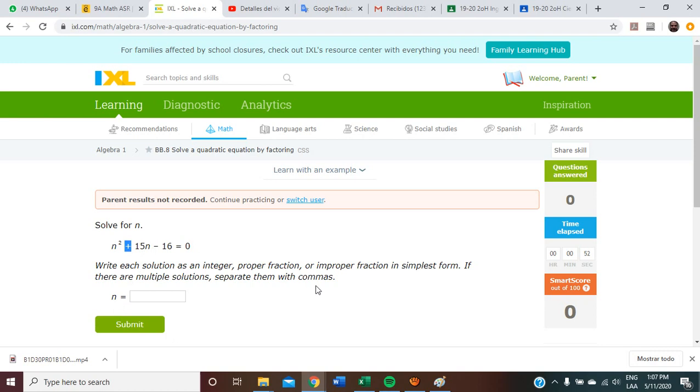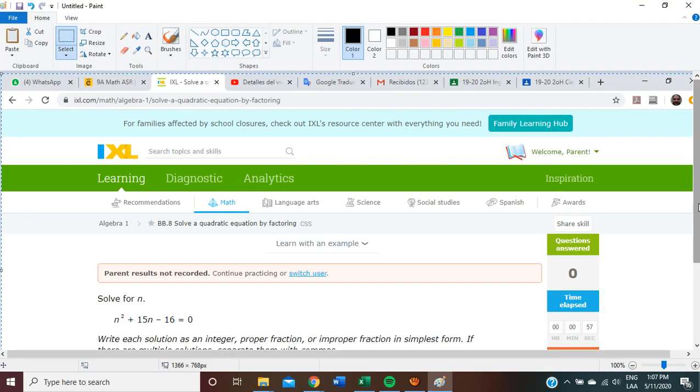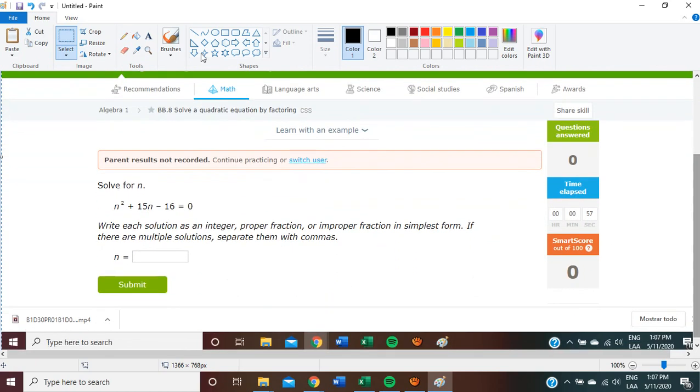Now what we're going to do is write two parentheses. In those two parentheses you're going to write the same variable, which in this case is n, here and here.